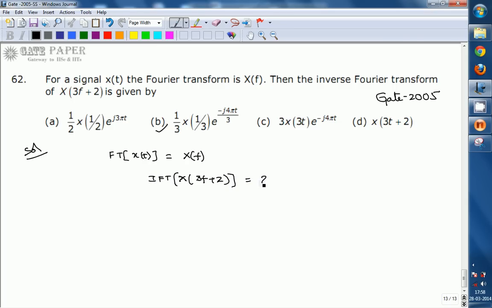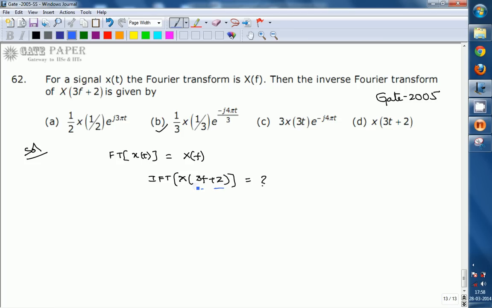Here we can observe that we have the shift in frequency domain, and the scaling in frequency domain; both have occurred here.